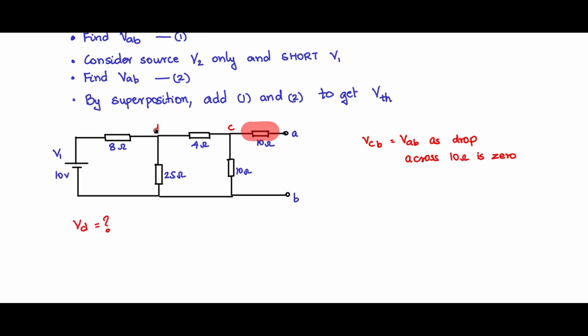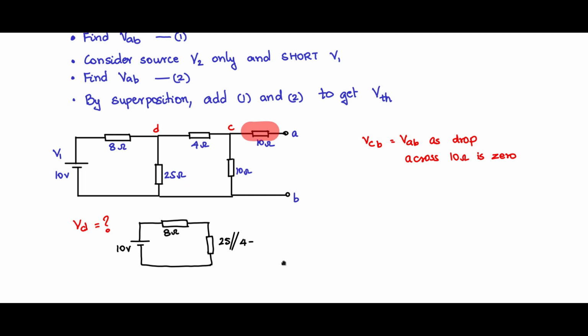So let us find out first what VD node voltage is. We have 10 volts, 8 ohms, and all these resistances equivalently will be put in here. This is this in series with this. This is out of the picture. So 4 in series with 10, and that combination in parallel with 25.